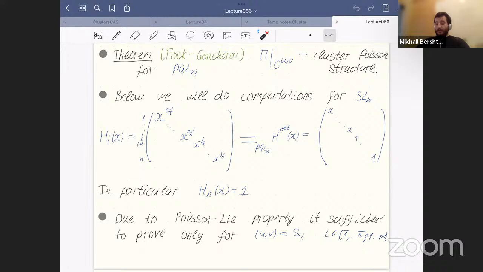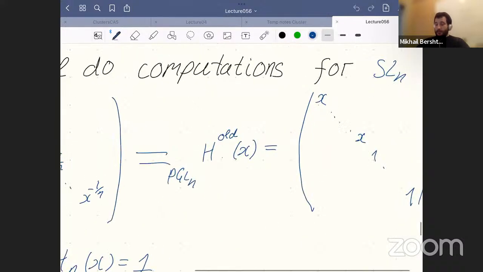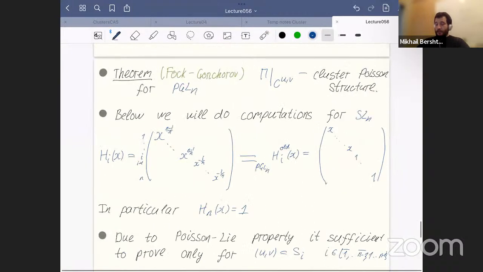In practice, it means that for a Cartan element H_i we assign the following matrix X, which has i x's and then all ones. This matrix does not belong to SLN. In order to consider the corresponding matrix in SLN, we should divide it by its determinant to the power 1 over n.